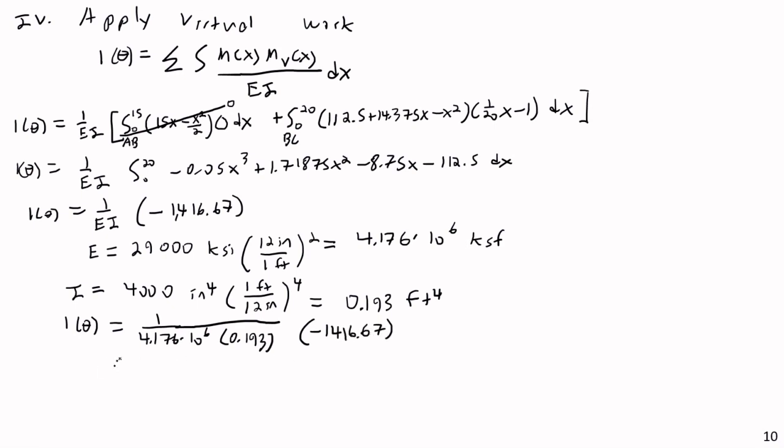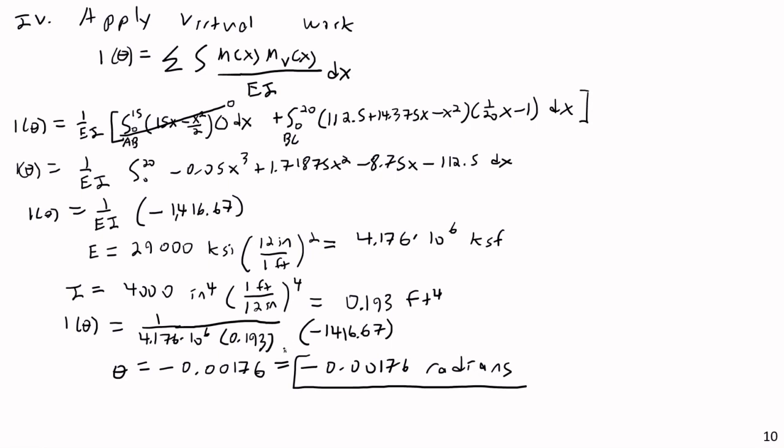Putting this in a calculator, I get that theta is equal to negative 0.00000176, or that is equal to negative 0.00176 radians. And that is our final answer. So that is a lot of work to find a piddly rotation on a single joint.